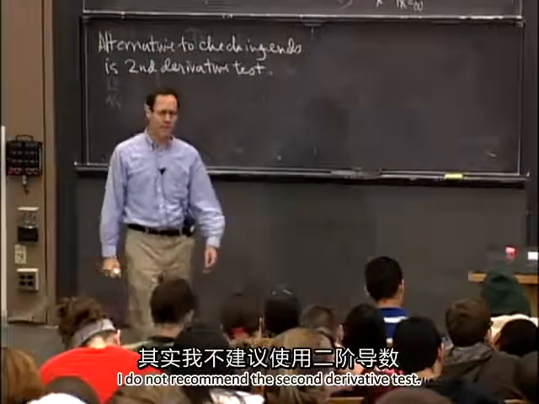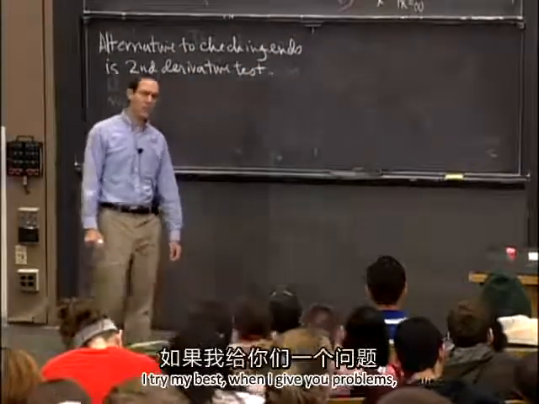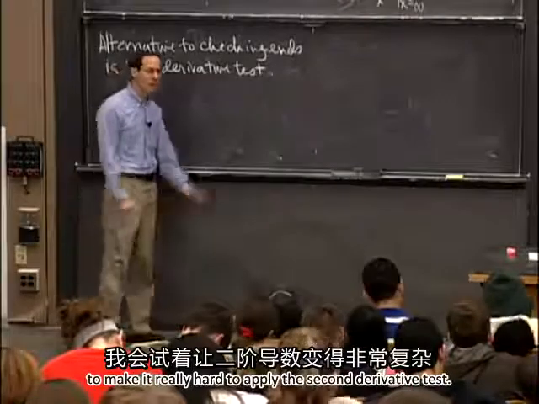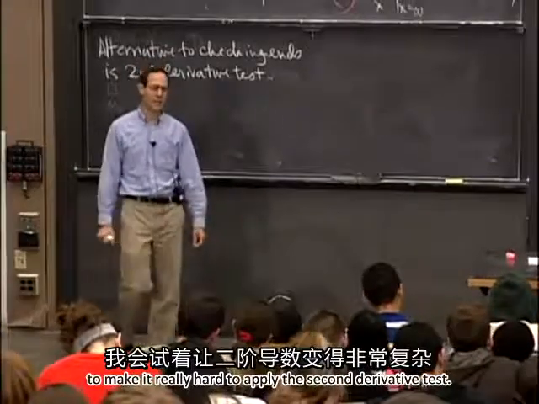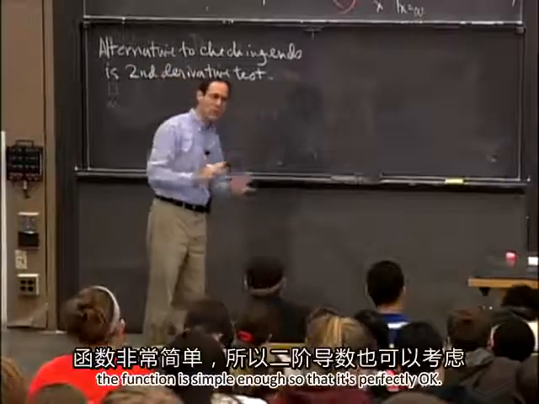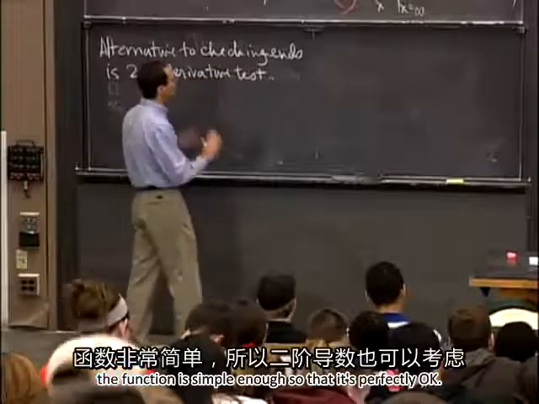I do not recommend the second derivative test. I try my best when I give you problems to make it really hard to apply the second derivative test. But in this example, the function is simple enough so that it's perfectly okay.